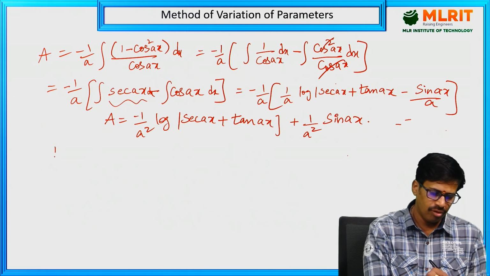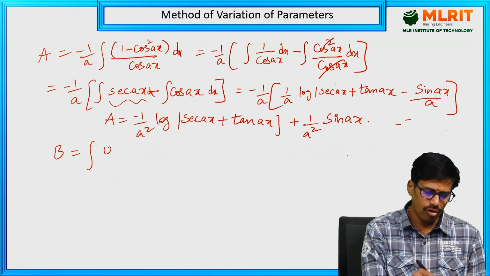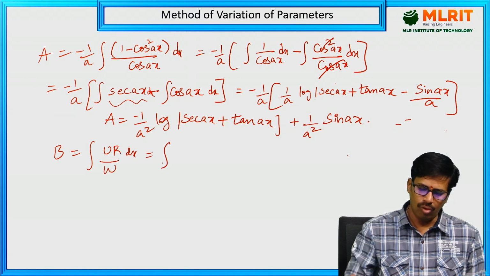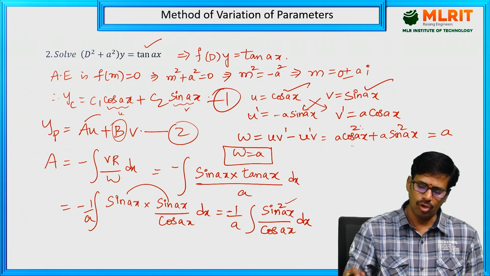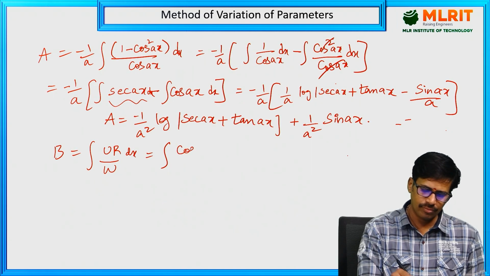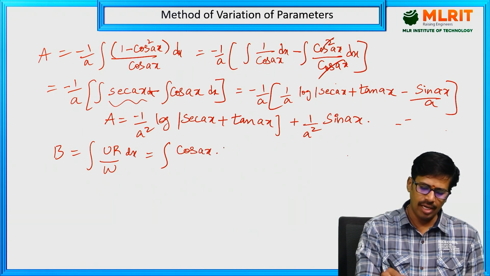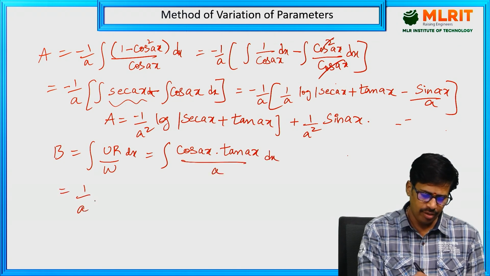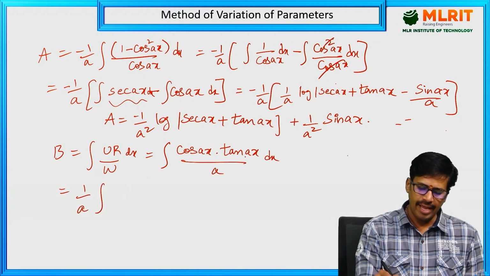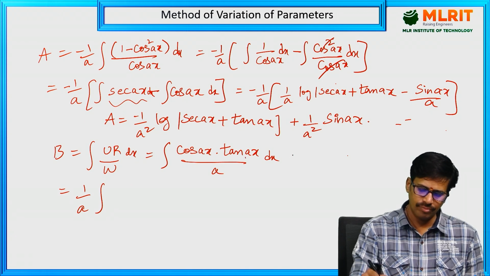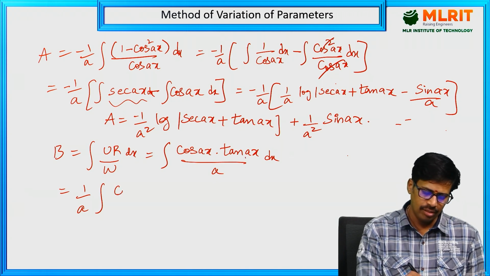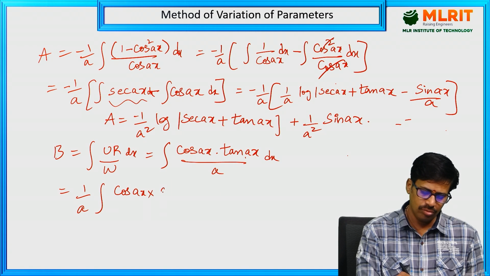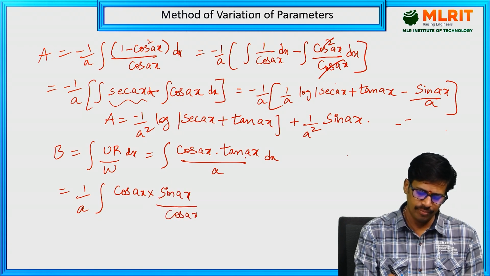So b is equal to integral of u r dx by w. What is u here? cos ax. What is r? tan ax. So 1 by a into integral of tan ax is sin by cos, so we write this as cos ax into sin ax by cos ax dx.